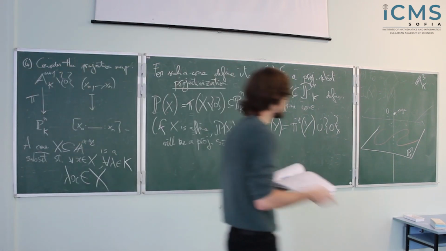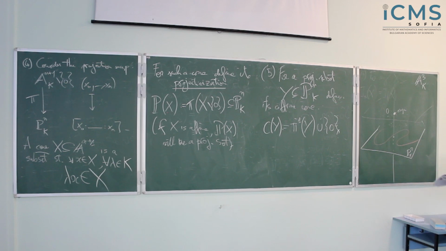Well, the cone is going to look something like this. I take a point on this curve, so this is Y. I'll take a point on the curve, and any point that is collinear with this vector in A3 is going to be in the cone. So I need to at least draw this line, and then I'm going to draw it for every point on this small red curve. Be careful about how this is drawn.